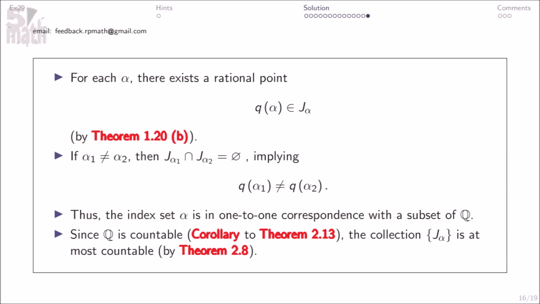If alpha 1 does not equal alpha 2, then this, implying Q of alpha 1 does not equal Q of alpha 2. Thus, the index set alpha is in one-to-one correspondence with a subset of Q. Since Q is countable, corollary to theorem 213, the collection J alpha is at most countable by theorem 2.8.